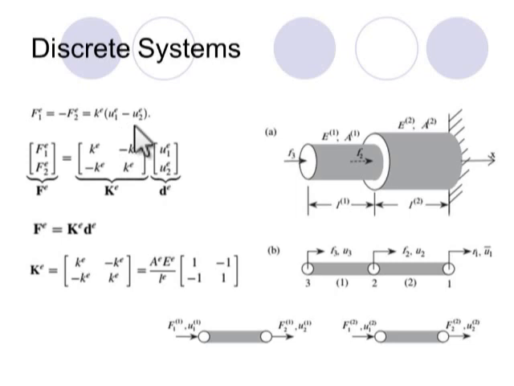Now, for computational purposes, it is better to write this set of equations in matrix vector notation. So I write the forces as column vectors, as you see here, and then I write the displacements as column vectors.